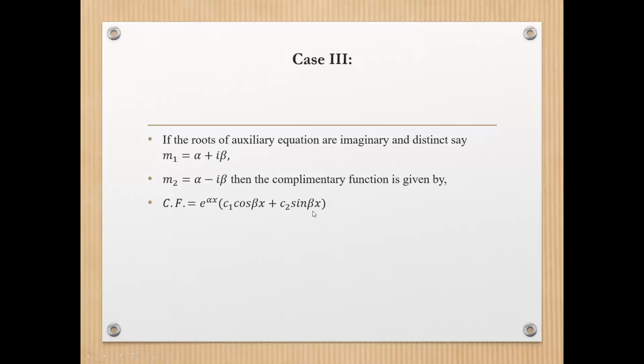Remember that alpha is the real part of this complex conjugate and beta is the imaginary part.